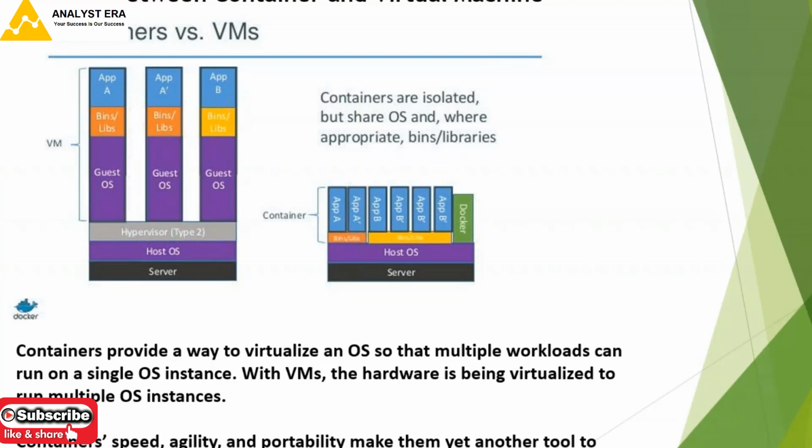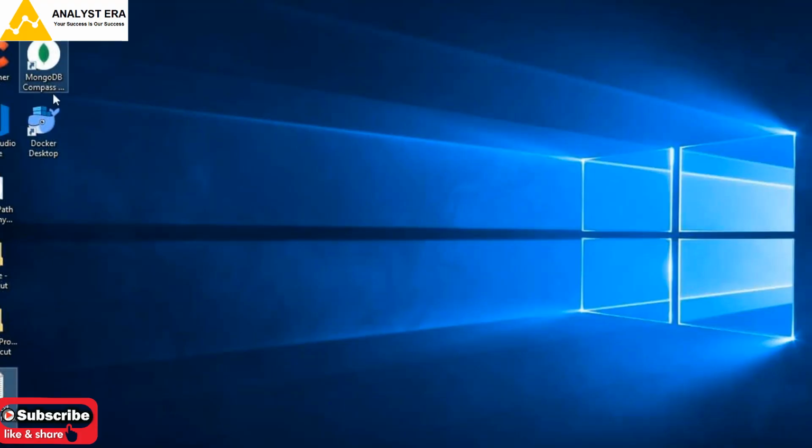Essentially, we're just looking at the image to understand. A container is a lightweight thing compared to my VM. A VM is pretty heavy, and they came up with something very smart, which is a container. The most famous container technology out there is Docker. If you look at my desktop, I use Docker.